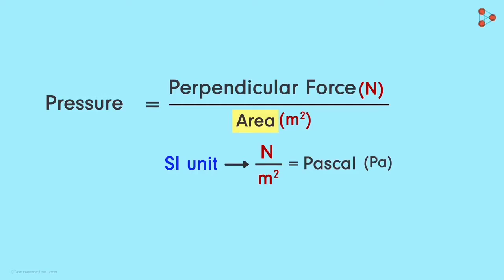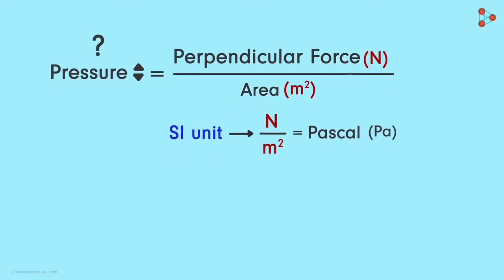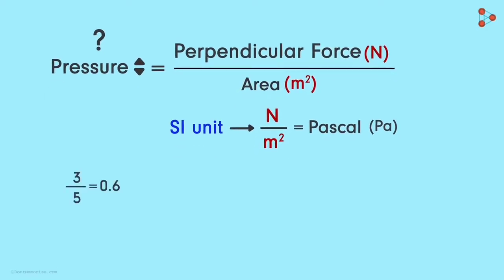Listen here, in the denominator it is area, and in the numerator it is force. In this equation, force by area, if I keep force constant and I increase area, what will happen to the pressure? See examples. 3 by 5 is equal to 0.6.